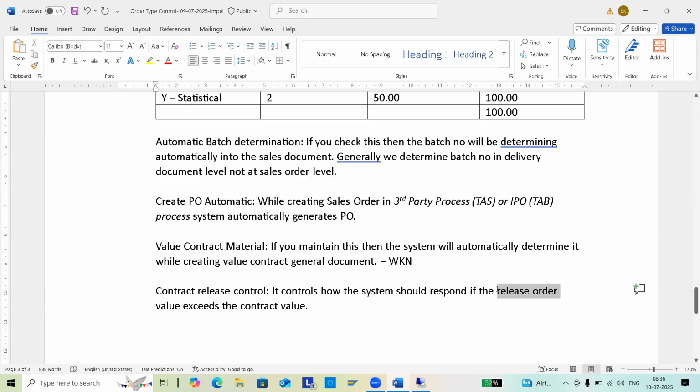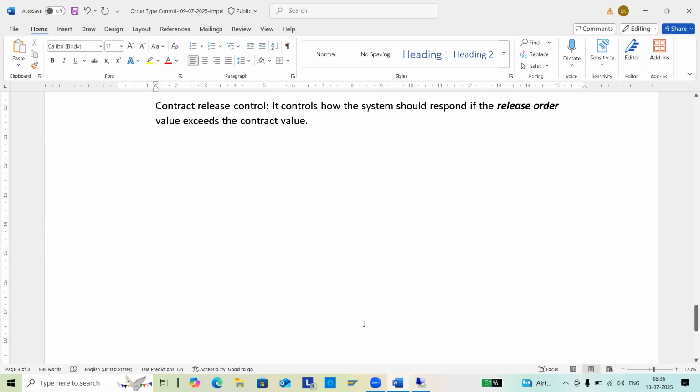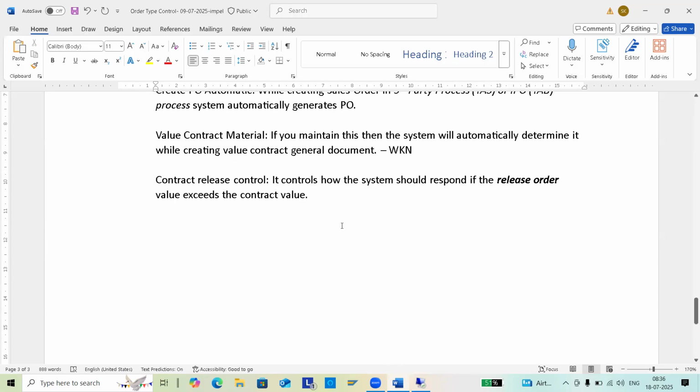What is a release order? Can anyone say? Release order means, for example, there is a contract with 100 quantity. The contract is valid with 100 quantity, but now we are creating a sales order of only 10 quantity.